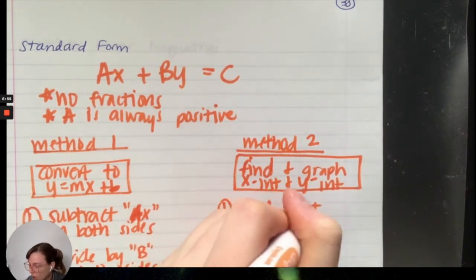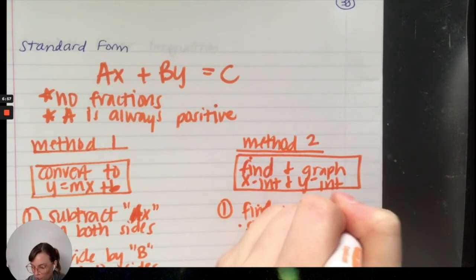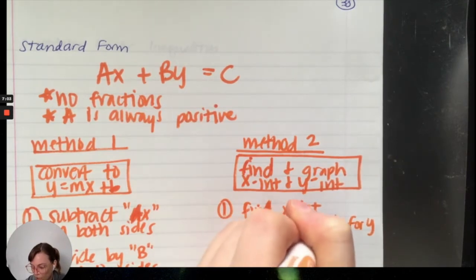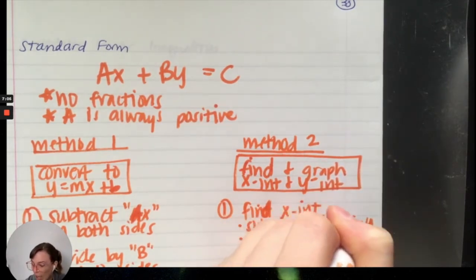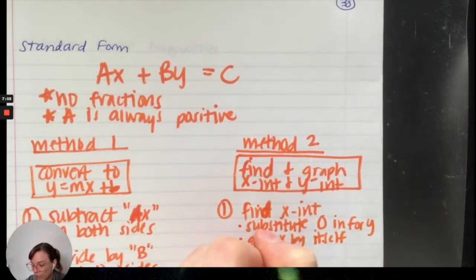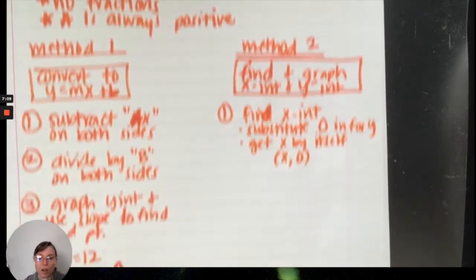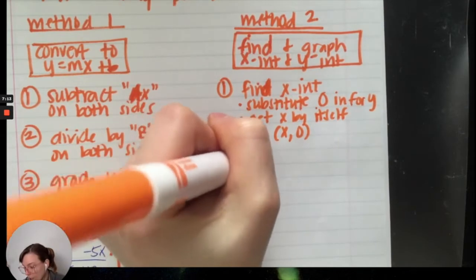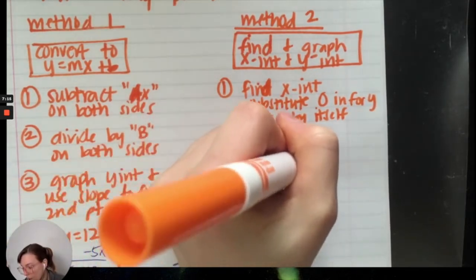substitute 0 in for y, and we're going to get x by itself, as in we're solving for x. So your coordinate will be some x comma 0. This is the exact same step in finding the y-intercept.